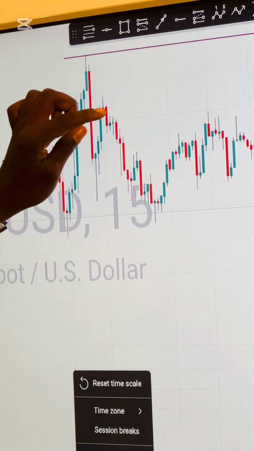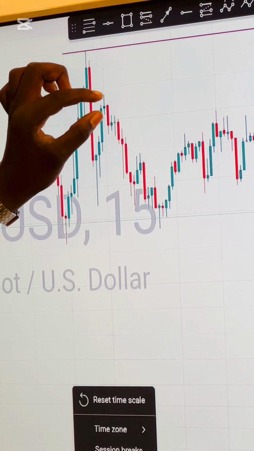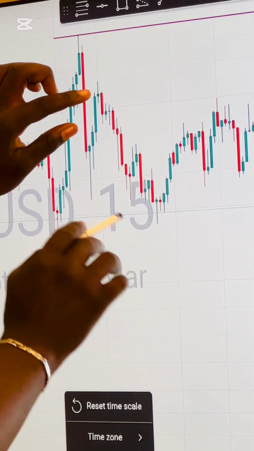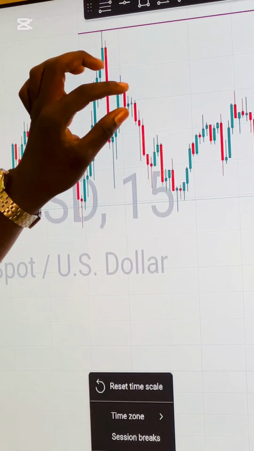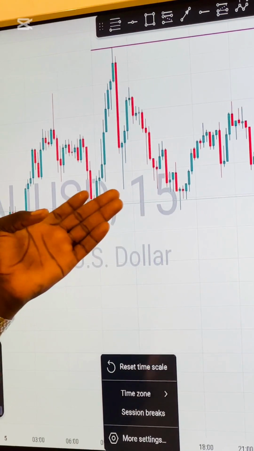Then we wait to see, does this very candle cause a break of structure to the downside, or a shift of structure to the downside. Then we come to see, and this is what price did.